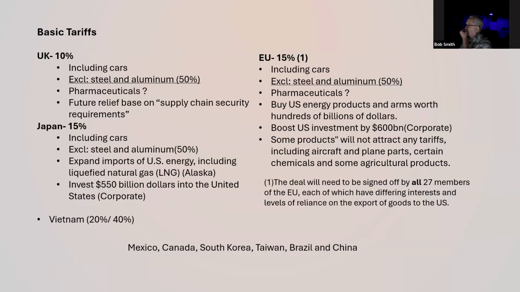Now, I just wanted to throw in a quick update. What I was saying earlier is we're looking at the EU, but there are basically three different items that are somewhat consistent. These things include cars, but cars will have a 10 or 15% add-on.